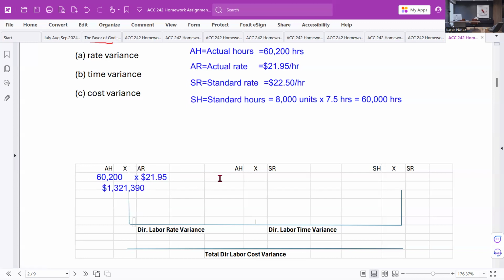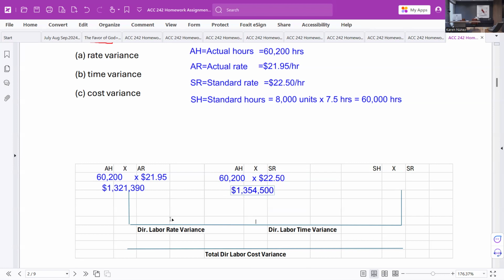And if we take those actual hours, the 60,200, and multiply times the standard rate of 22.50, then we'll get the number that goes in the middle here, so we can calculate that direct labor rate variance. So the actual hours times the standard rate is 1,354,500.